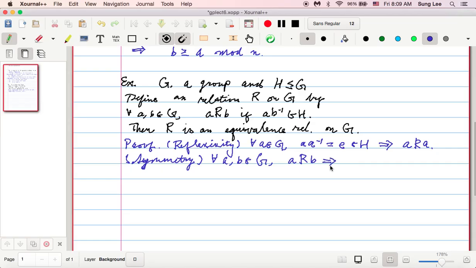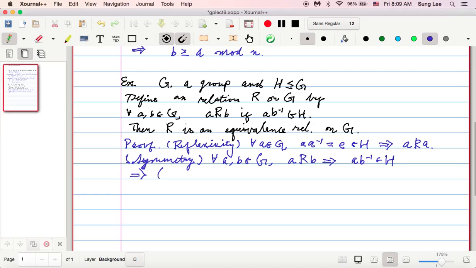That implies, by definition, a b inverse belongs to H. Since H is a subgroup and a b inverse is in H, its inverse is also in H as well.